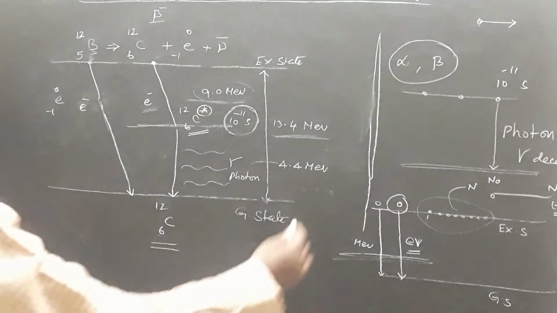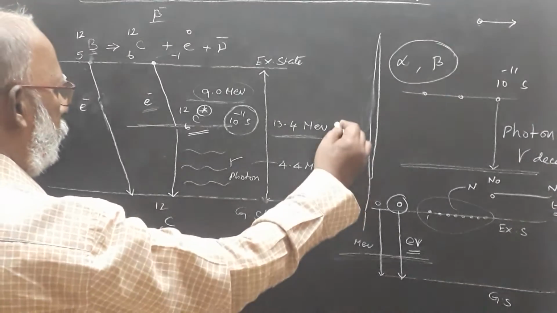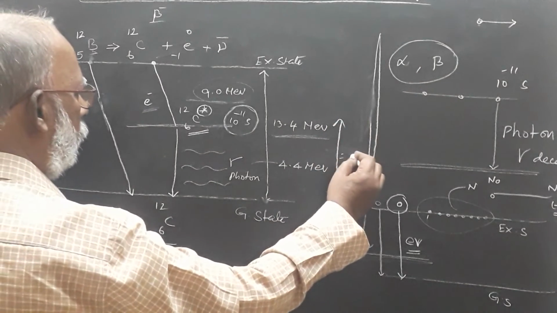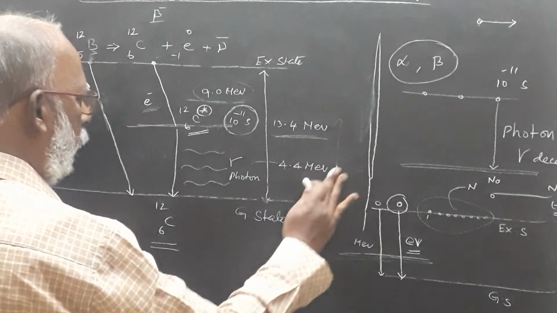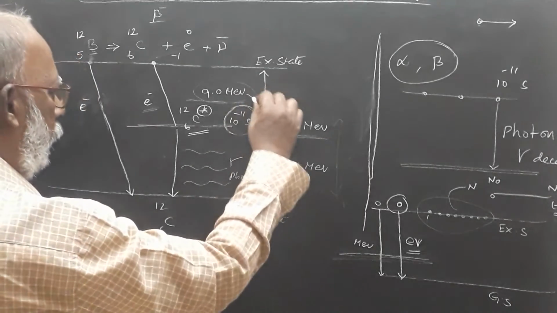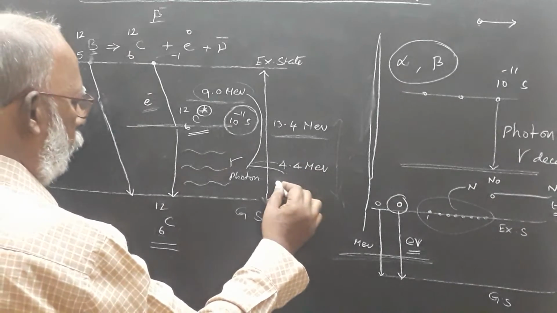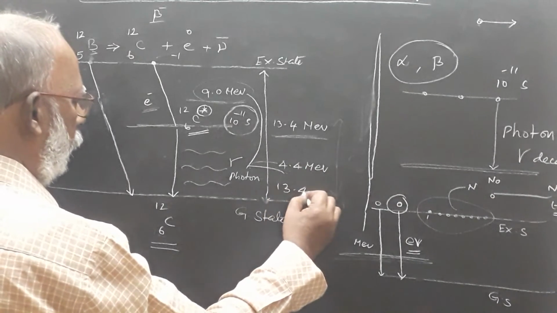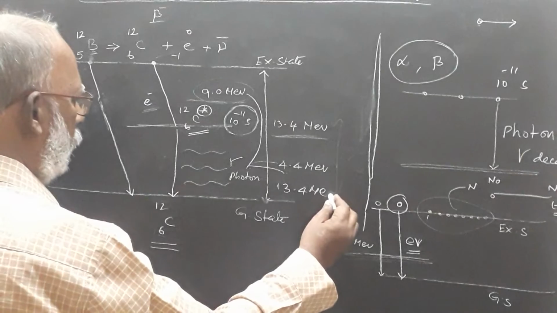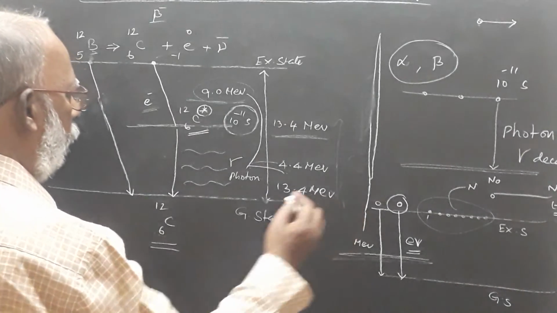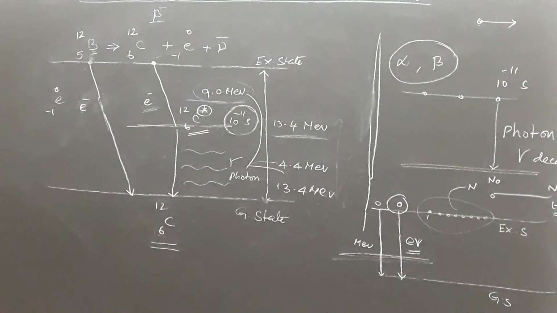Now, adding these two, 9 and 4.4, is equal to 13.4 million electron volt. This is another way of exposure of gamma decay. This is the gamma decay. It's a very important concept to analyze.